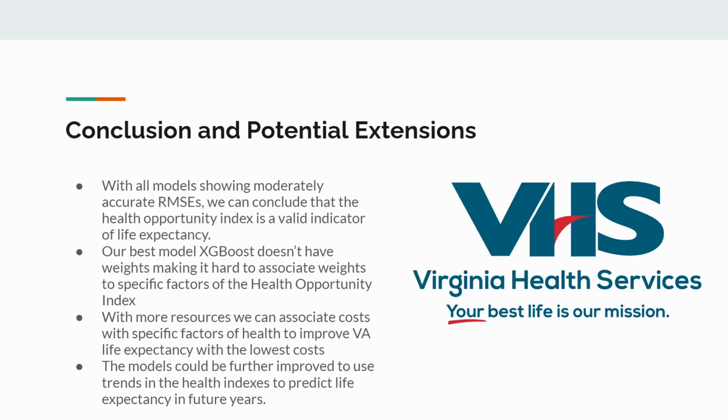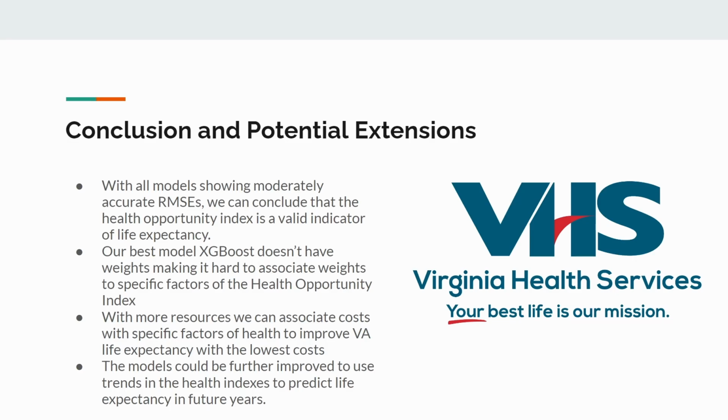The models we created throughout our experiment have shown that the HOI is a valid indicator of life expectancy. Our best model, XGBoost, did not have weights, so it is difficult to associate weights with specific factors in the HOI. In general, with more resources, we would be able to associate costs with specific factors of health in order to improve Virginia life expectancies with the lowest cost possible.